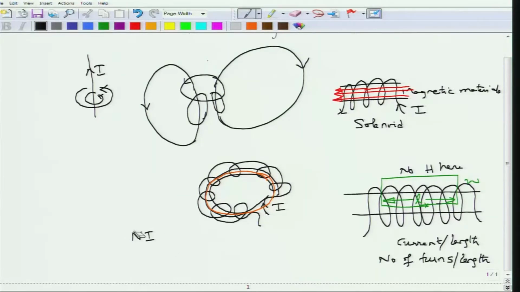So, these are different ways of writing the same expression. What you have to understand is that each turn is contributing a current of I amperes, and therefore, if there are a total of n turns inside the Amperian loop that you have considered, the total current will be n total into I.